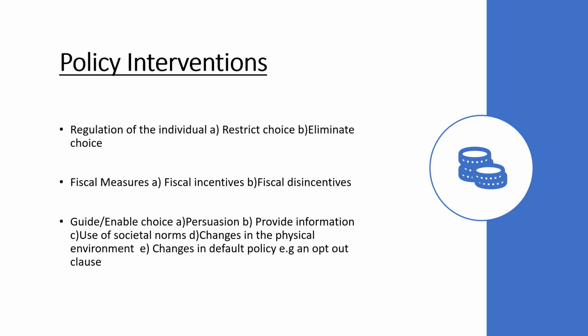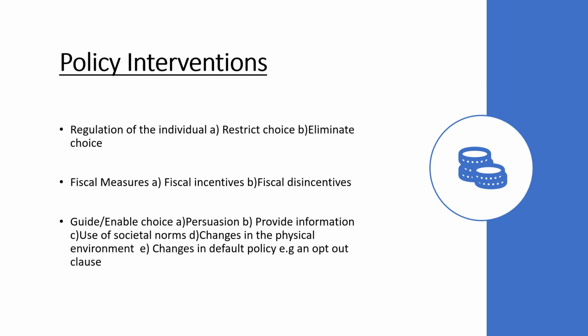Number two, they can use fiscal measures, so fiscal incentives and fiscal disincentives, and we see that done as well, where a fiscal incentive would be our school feeding program in Nigeria. So if you send your children to school in Nigeria, there's a chance that they will get a free school meal, which saves poorer families money.